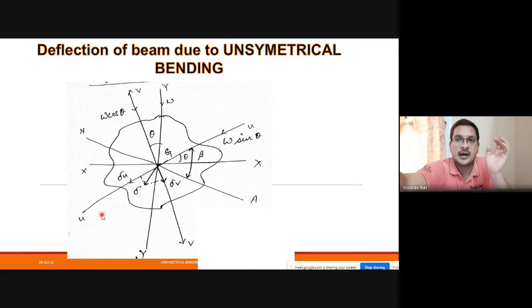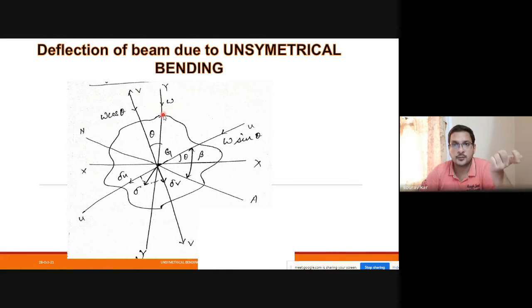That means at any arbitrary point, if someone asks us to find the deflection: moment is there, bending stress is there, and obviously due to bending moment there will be deflection also. So we may be asked to calculate the deflection at a point in the body. Let W be a vertical loading.